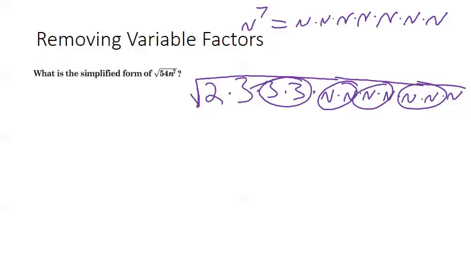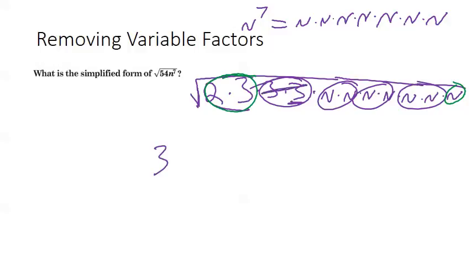So we're going to bring each of those, the individual number outside, and we're left with these numbers inside, the green numbers. So let's bring out the pairs. So we got a 3.